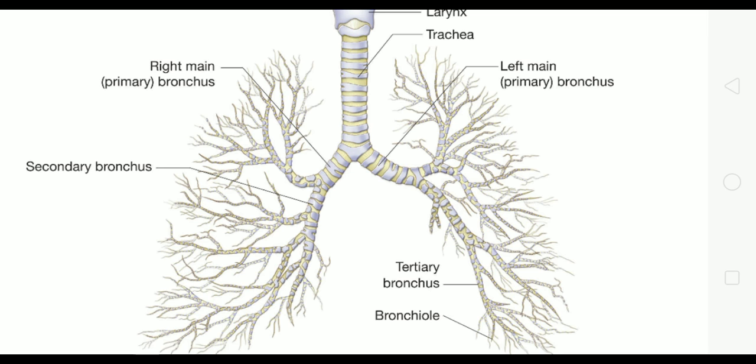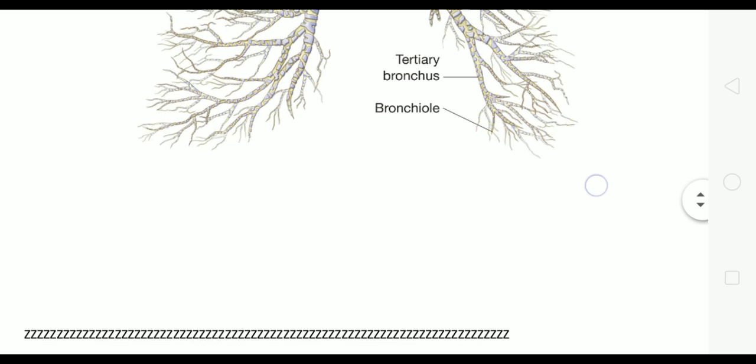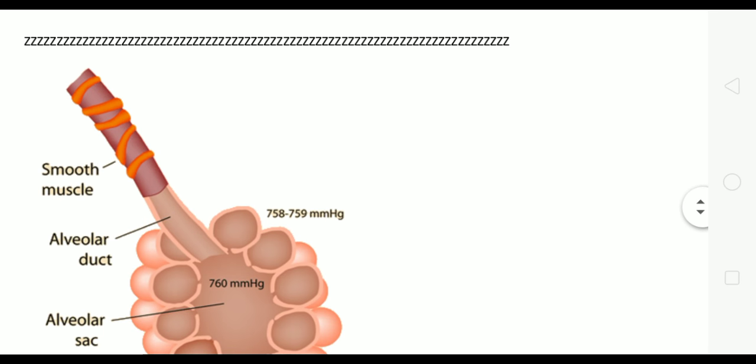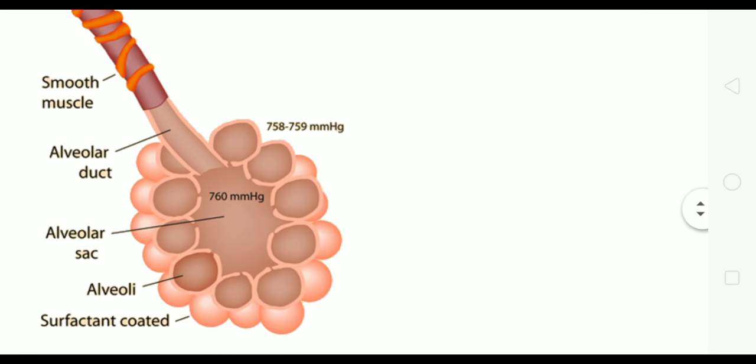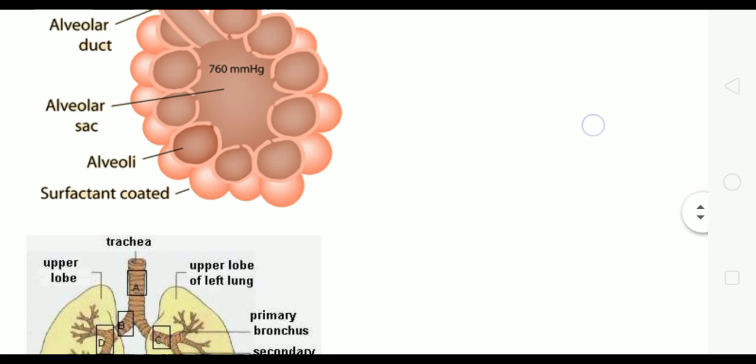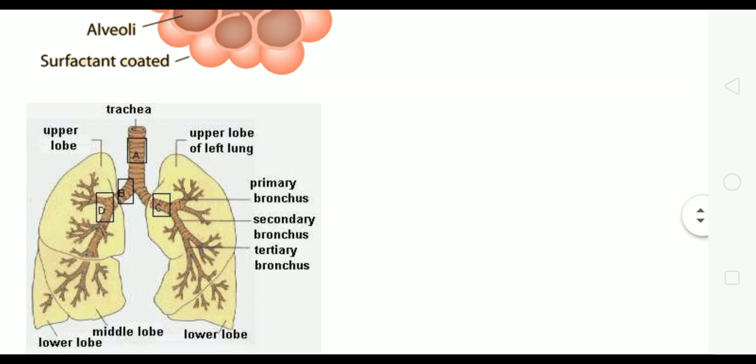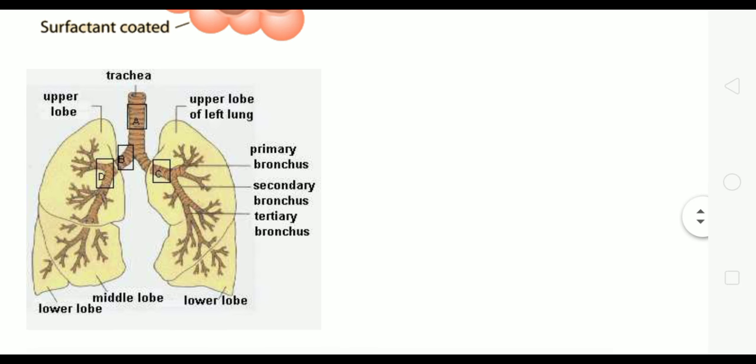The terminal bronchioles lead into respiratory zone structures, even smaller conduits that eventually terminate in alveoli or air sacs. The respiratory zone, which includes the respiratory bronchioles, alveolar ducts, alveolar sacs, and alveoli, is the only site of gas exchange.